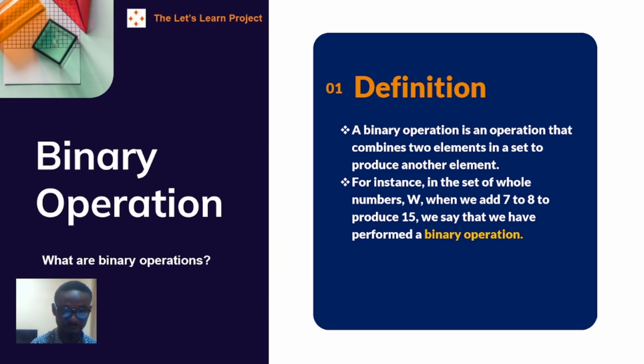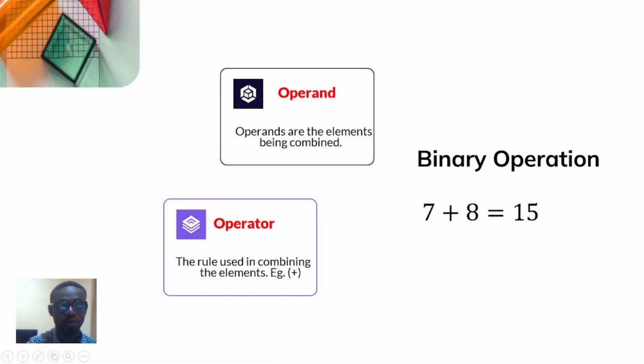Okay, binary. Anytime you hear bi, it means we are talking about two things. So binary operation: we are using an operation on two items or two terms to produce or generate a new number or a new item or a new element inside of that particular set that has been given.